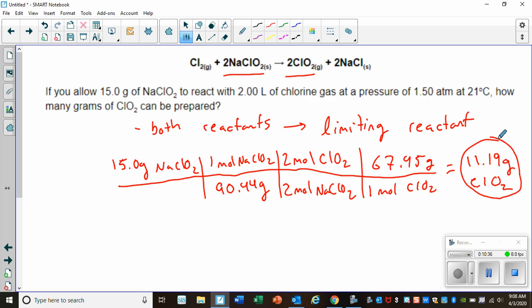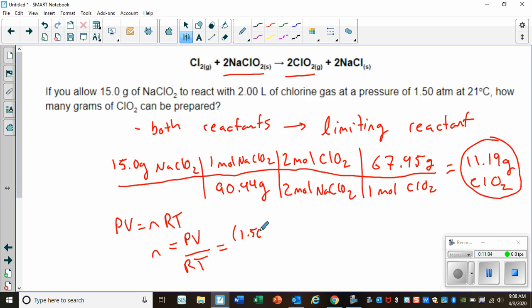So that might be the answer. We're not sure. We need to compare this. So looking at the other information we have here, we're given all this gas information, so like pressure and volume and temperature. We want to solve a stoich problem with this, so we should probably use that information and solve for moles. And what's nice, most of this information is already in terms of the units we need.